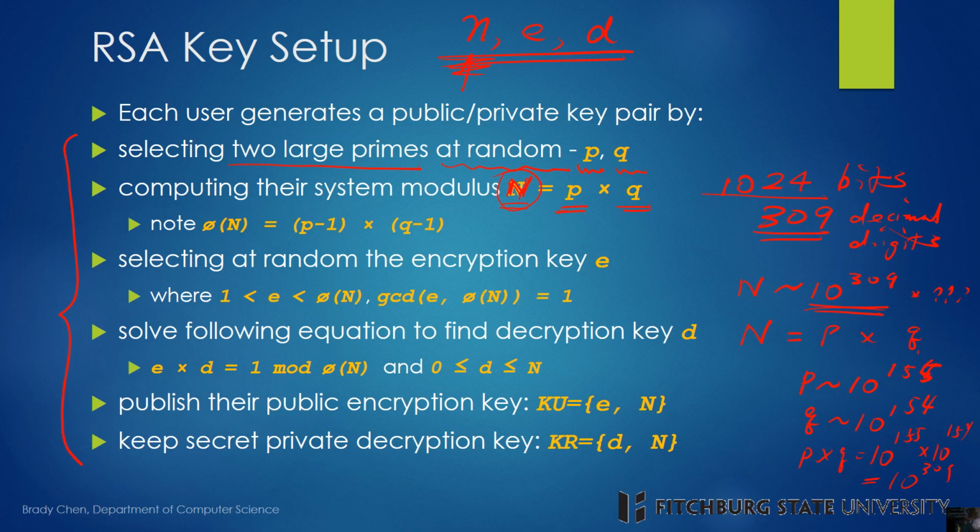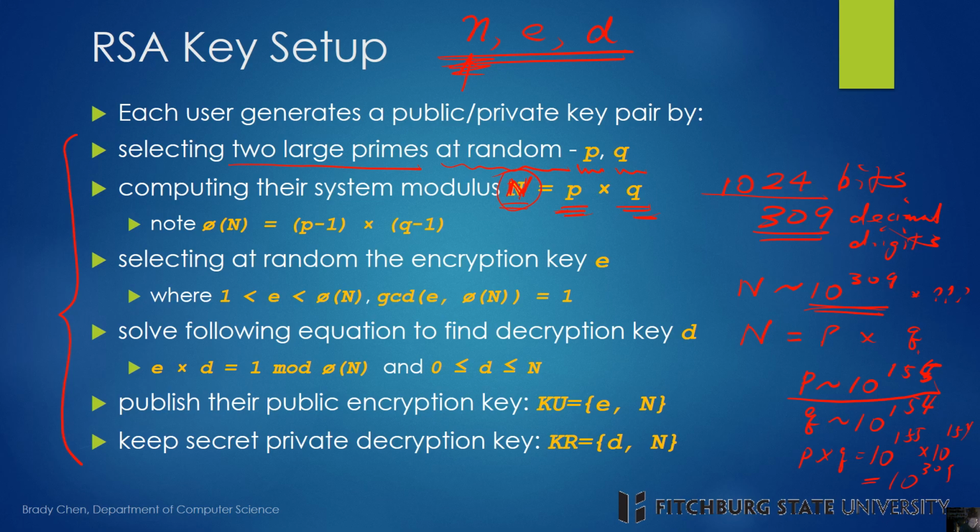So the value P should be in the neighborhood of 155 digits, and Q should be about 154 decimal digits. That's still a huge number, right? So we're going to try to find two prime numbers, which are about 10 to the 155 and 10 to the 154. That should be the size of these two prime numbers.